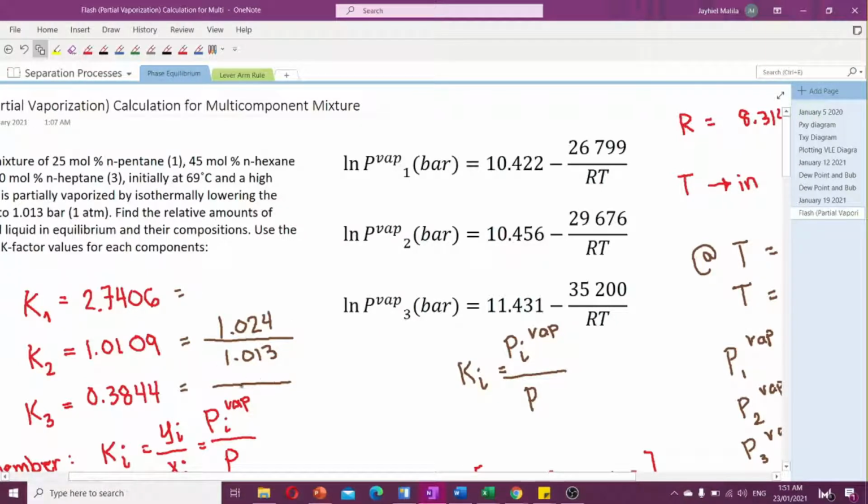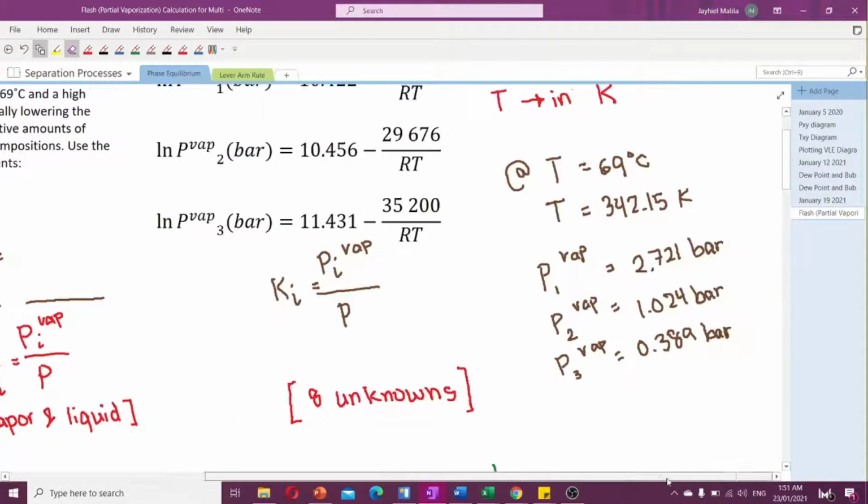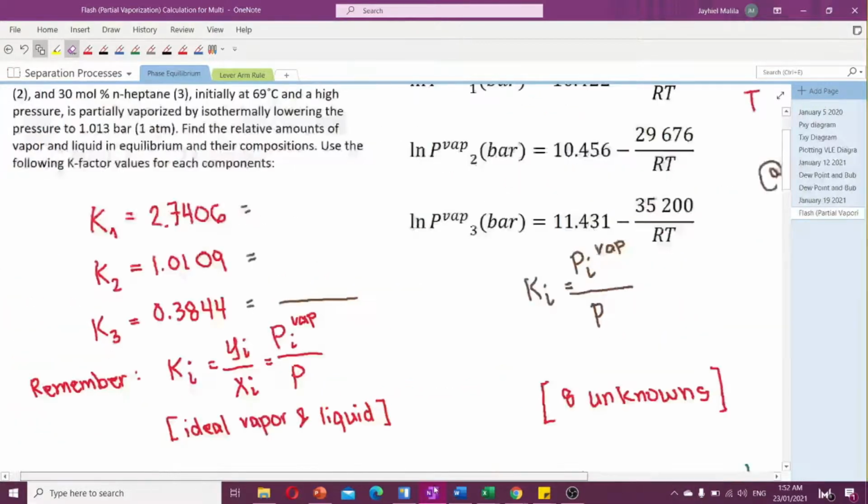Let's recompute. 1.010, okay, I think I got it right for this one. How about for K3? For K3 we have 0.389 over 1.013. I got the answer of 0.384.